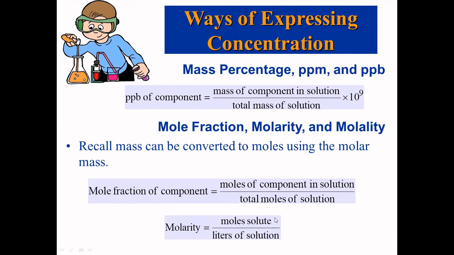Now, when you speak of molarity, molarity, not molality. Molarity is the moles of your solute over liters of your solution. So this time, class, you need the volume of your solution where your solute was dissolved. You need the moles of that solute divided by the liters of your solution. That is then the molarity of your solution.